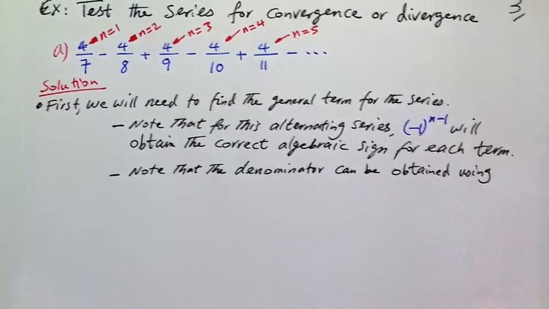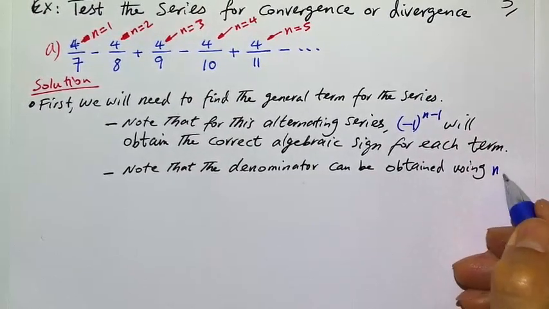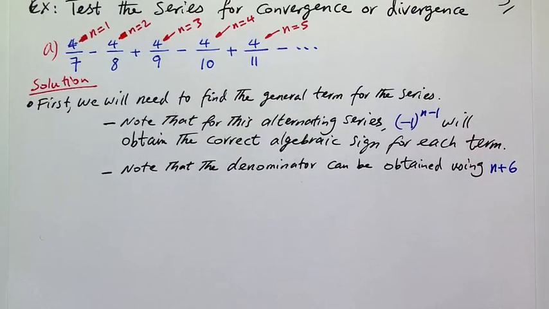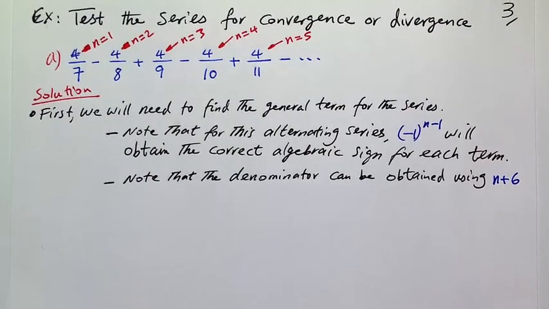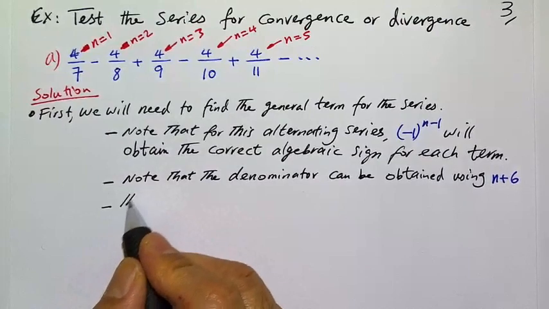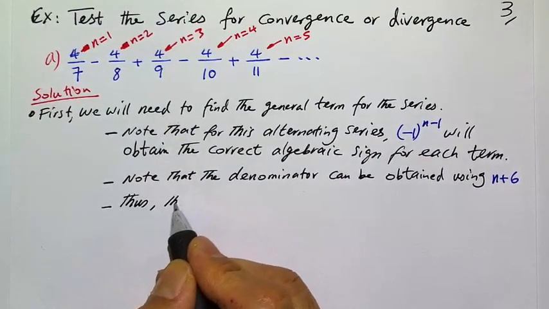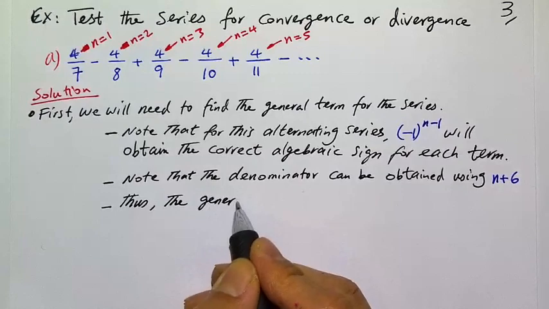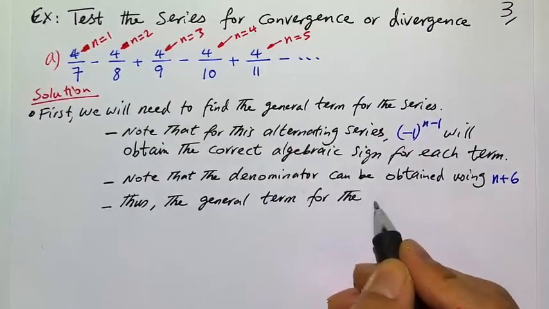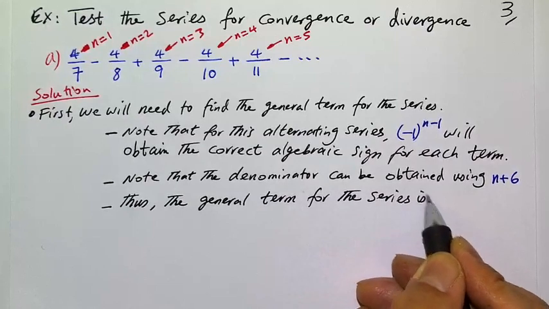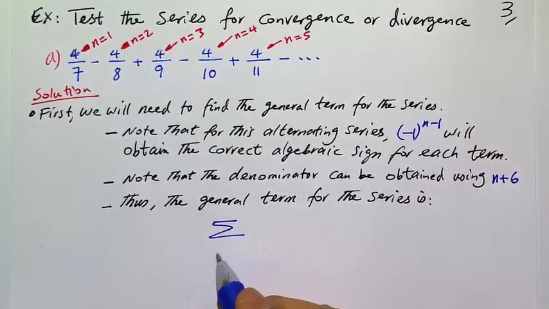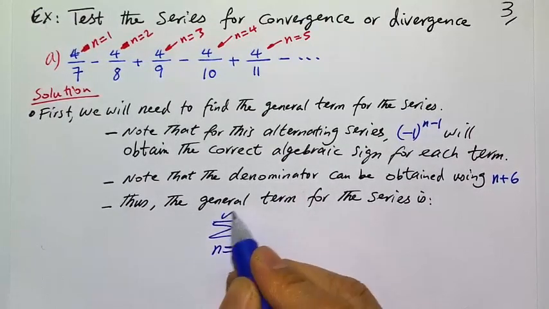Using, and I think I can write it in this corner, n plus 6. Okay, so then we have everything we need to write a general term for this series. It is this: n equals 1 to infinity.